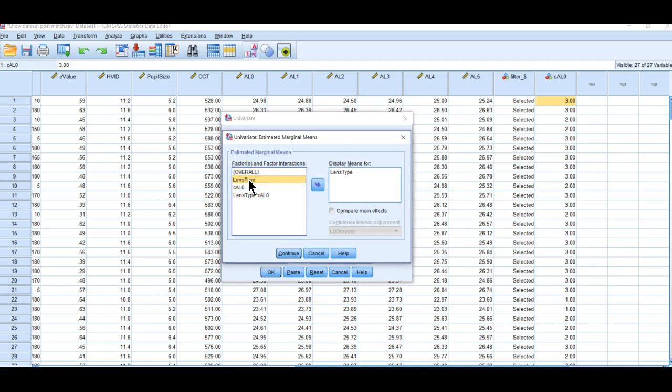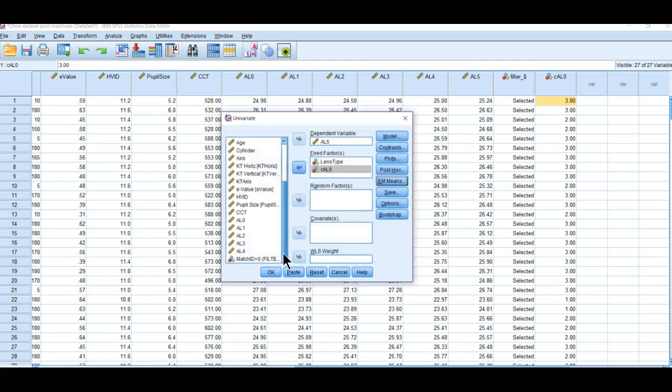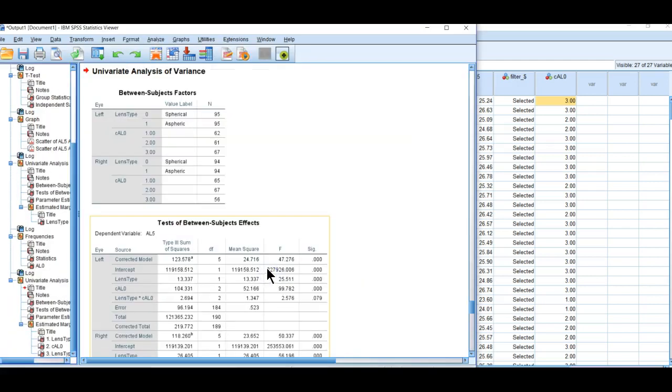Now an interesting thing is we have the means of lens type, CAL0, and lens type by CAL0. So I want to do something, well, we'll do it this way and then maybe show you what happens and then do it another way. Okay, so let's see what we get.